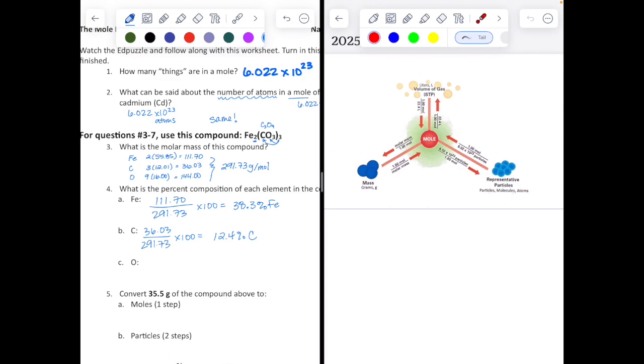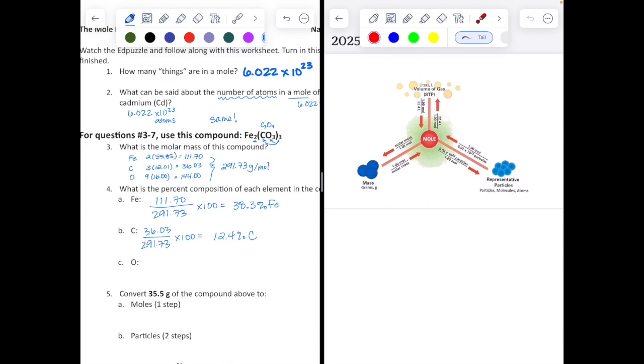And the last one is oxygen. Once again, be careful. You don't want to just do 16. You're going to want to do 144, the mass of the total oxygen in the compound divided by the total mass of the compound.